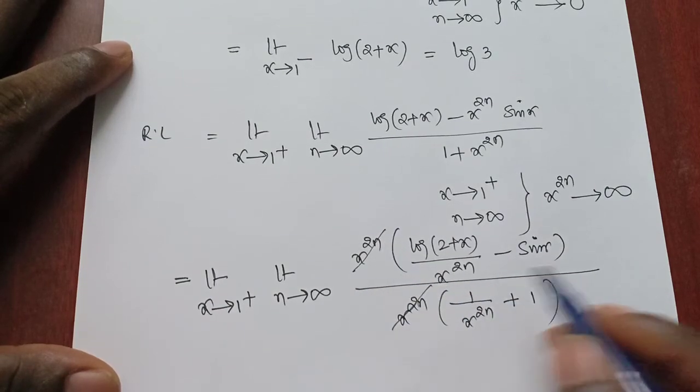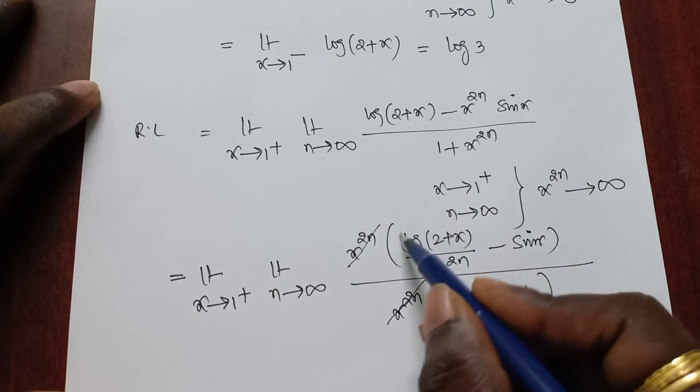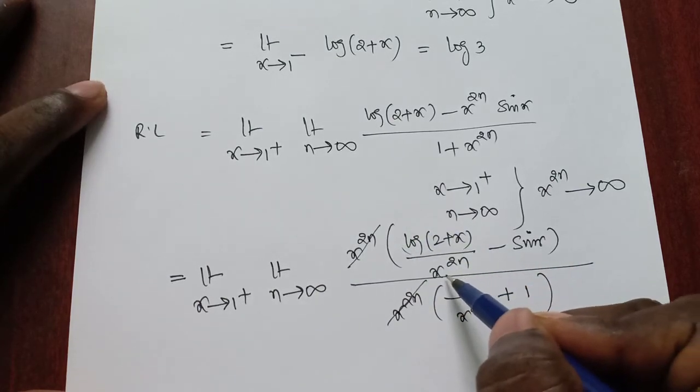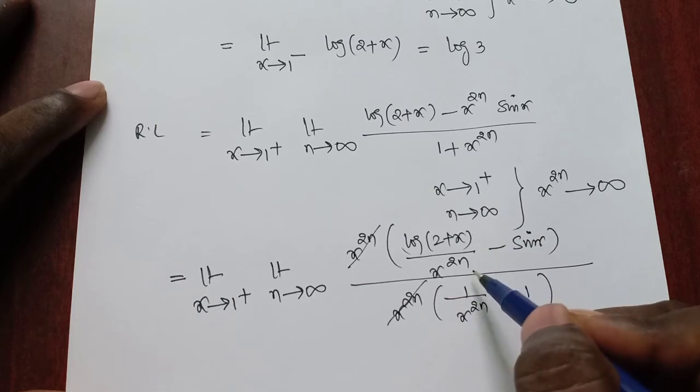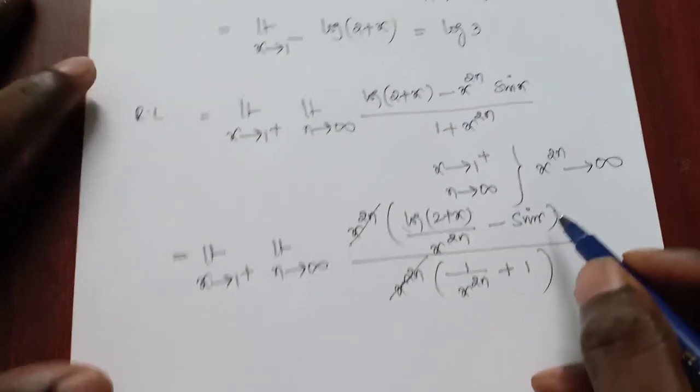Now x power 2n gets cancelled. Now clearly log of 2 plus x is a finite value, and coming to the denominator it is infinity. A finite value by a very big number is equal to 0.